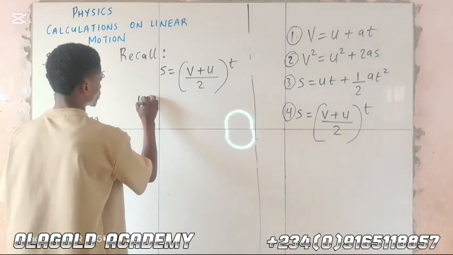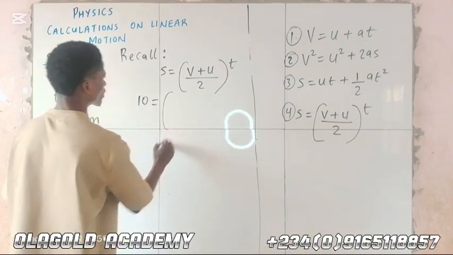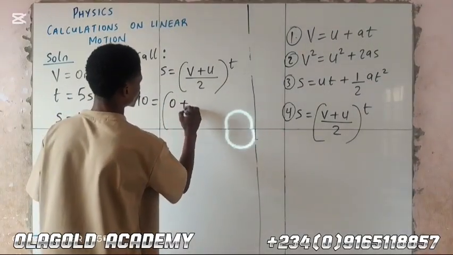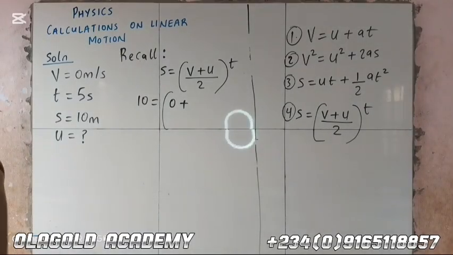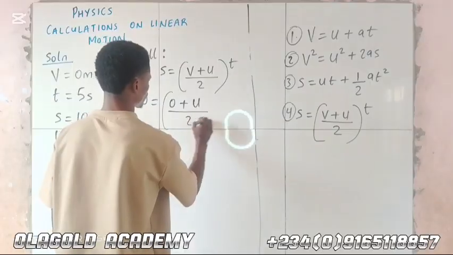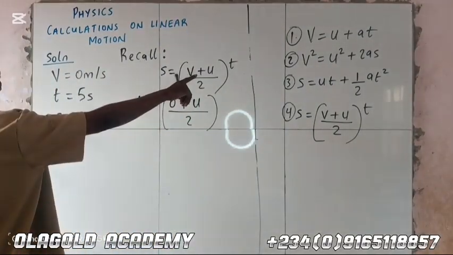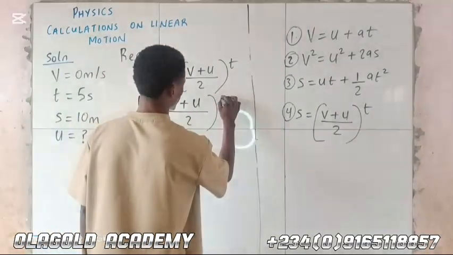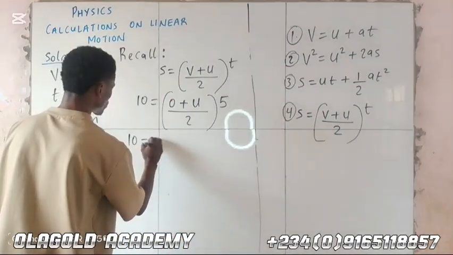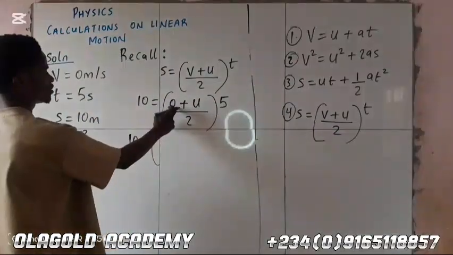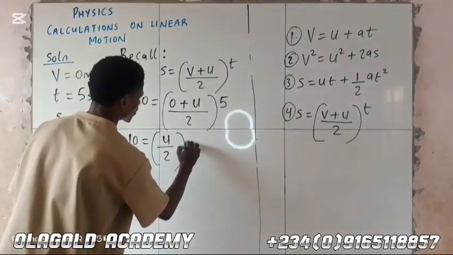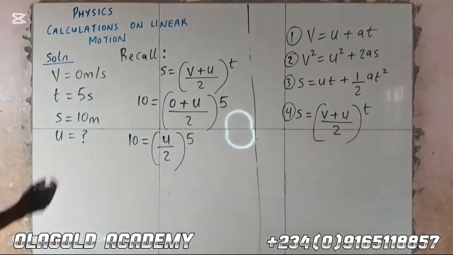So we have 10 equals, open bracket, final velocity, which is 0, plus initial velocity, which is not given, so we have u, over 2, and the time taken is 5 seconds. So 10 equals, open bracket, 0 plus u, which is the same thing as u, over 2, multiplied by 5.